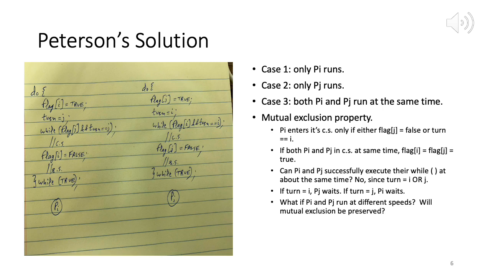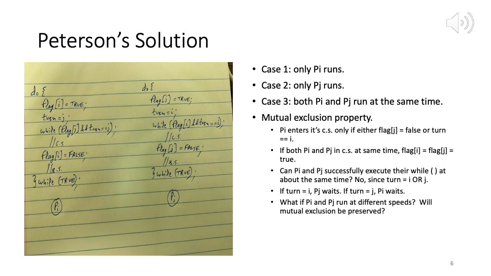We are not looking into that right now, we will look into that later, but here we just say CS for critical section, and then there is a remainder section. So both processes set flag I, flag J to true, and then both processes play nice and give the turn to the other one. So for Pi it sets turn equal to J, and for Pj it sets turn equal to I.